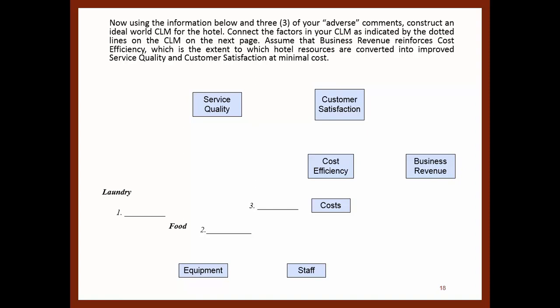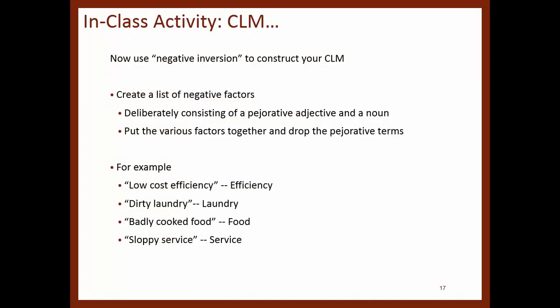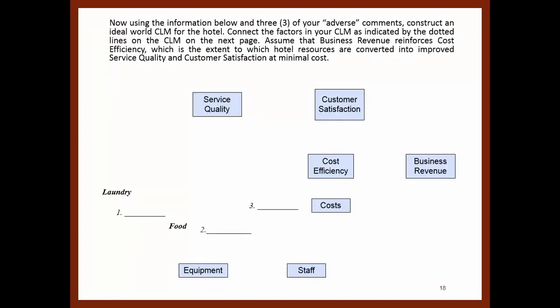And then you're going to start linking them with these variables that are here, as we did for the examples. So now using the information below and 3 of your comments from this list, you're going to list those here, 1, 2, and 3. Connect the factors in your Causal-Loop model as indicated by the dotted lines.